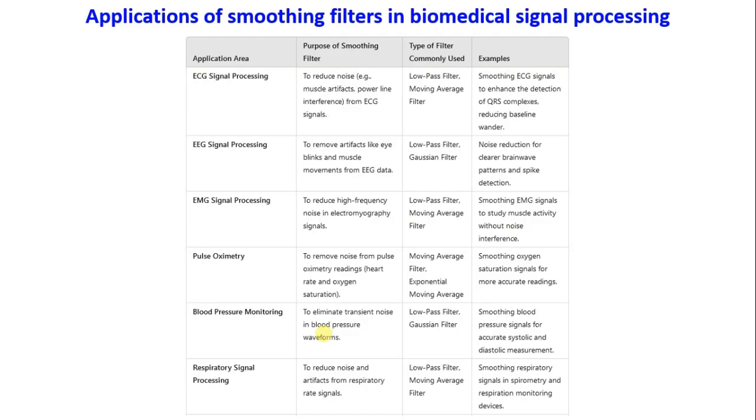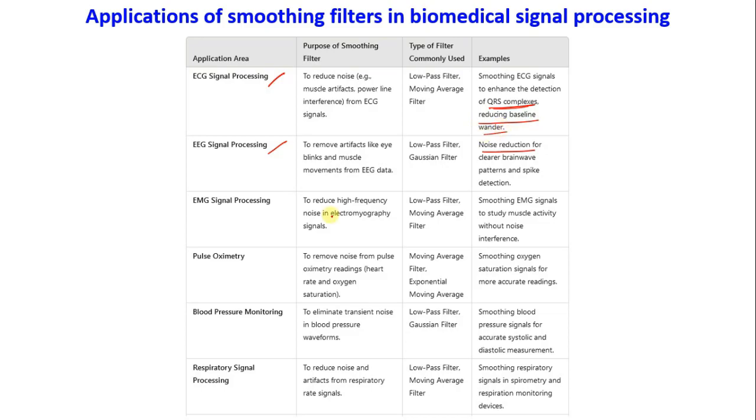Now, applications of the smoothing filter in biomedical signal processing. It can be used in ECG signal processing and in EEG signal processing. Over there, if you see, it can help us in reducing noise, enhancing the QRS complexes and reducing the baseline wandering.